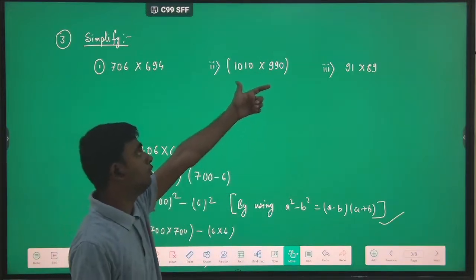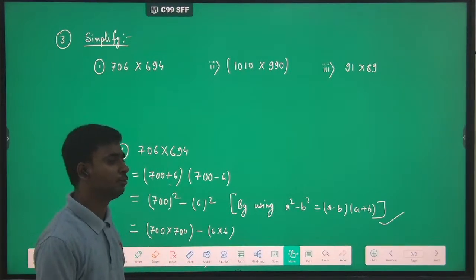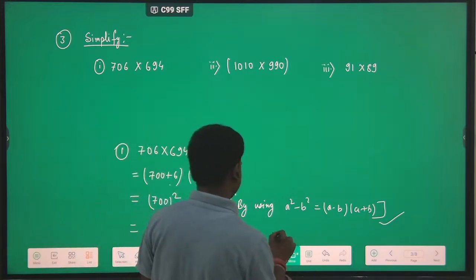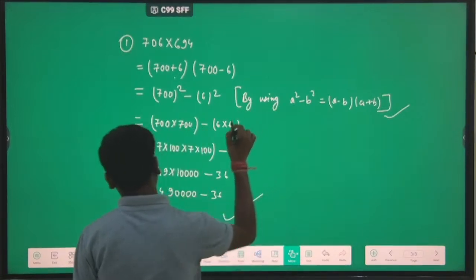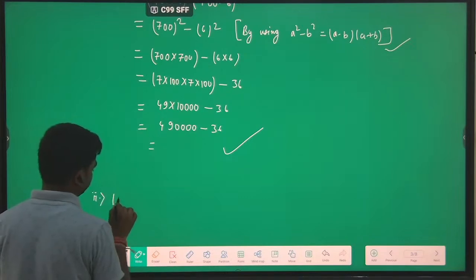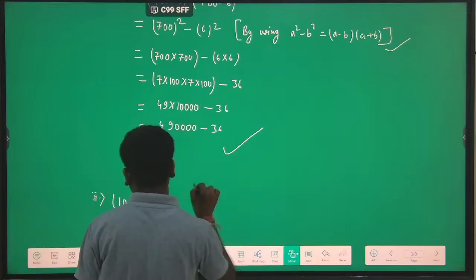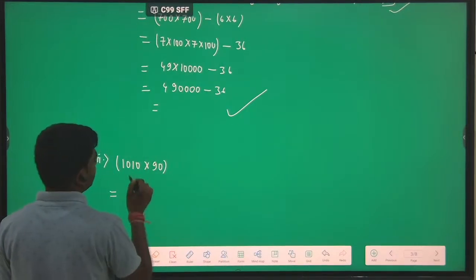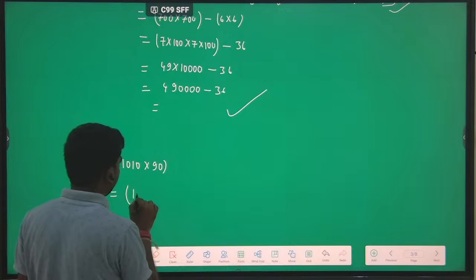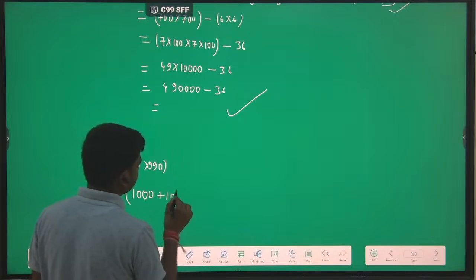We have to find out the value of 1010 when multiplied with 990. This 1010 can be expressed in the form of 1000 plus 10.